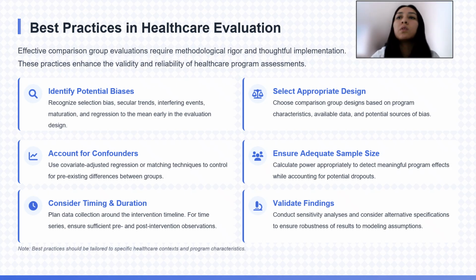It is important to first identify all possible biases early, then pick the design that best fits the data and context, control for confounders through regression or matching, make sure the sample size is adequate, and collect data for a long enough period to capture trends. And finally, validate results with sensitivity analysis to ensure robustness. These steps make our findings credible and useful for evidence-based healthcare decisions.